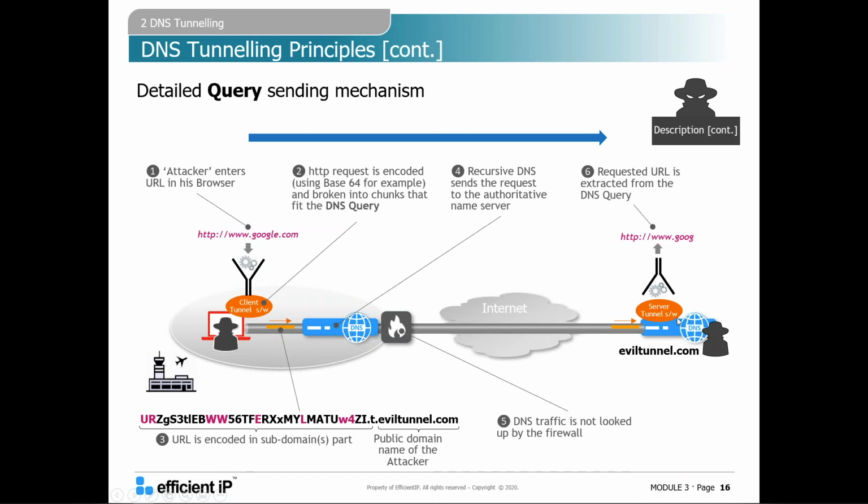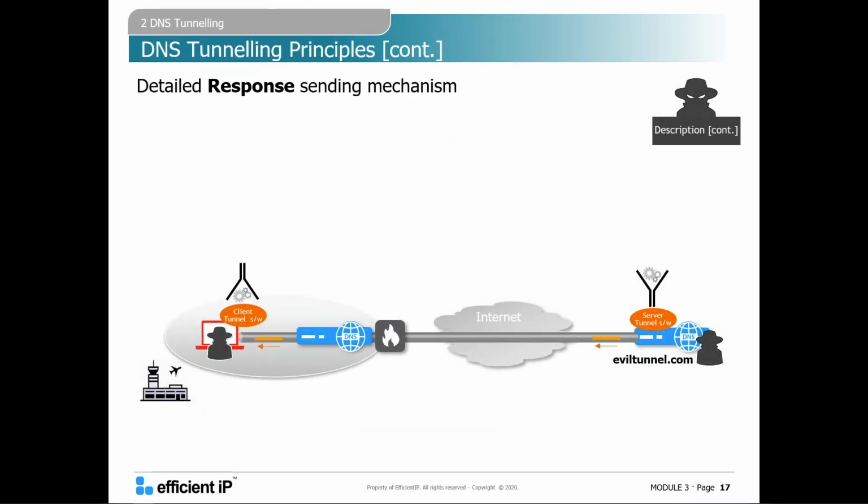This server will then decrypt it, change it back to the original request, get the data from google.com, and then reply the content back to the client. This is the query sending mechanism, and this is the response sending mechanism.